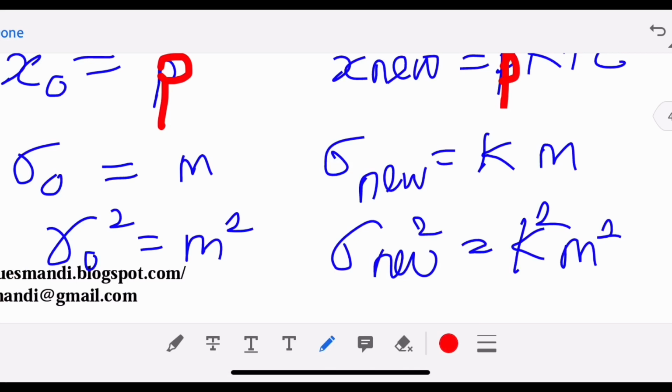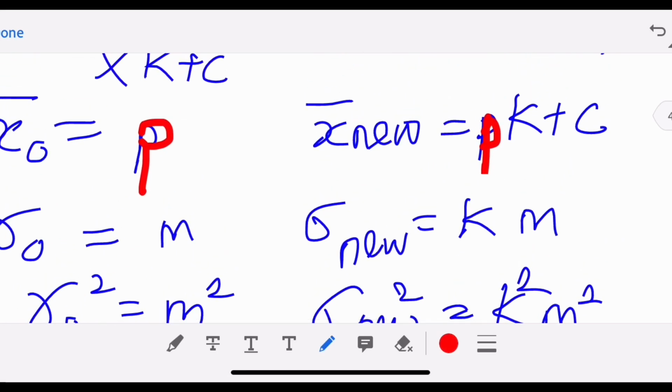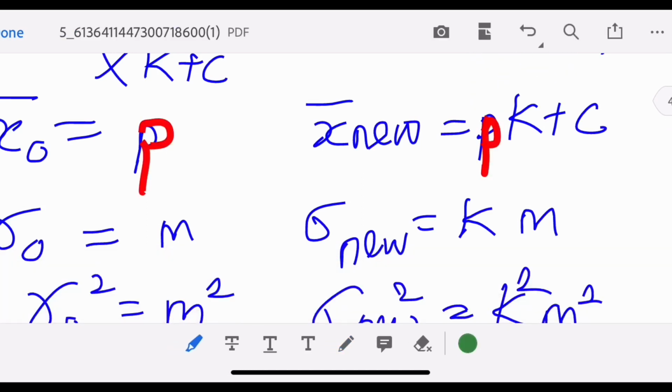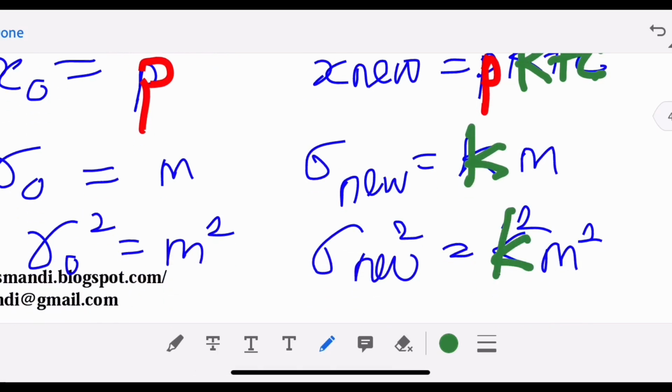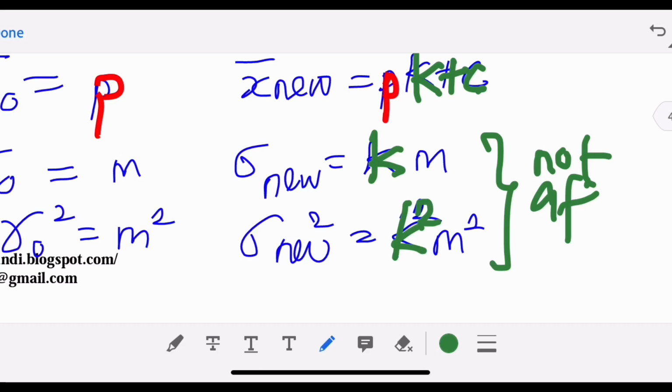If you times the K plus C, you will have the new mean, which is PK plus C. For the standard deviation, you just multiply the K with the original standard deviation. For the variance, you have to square it before you multiply by the original variance.